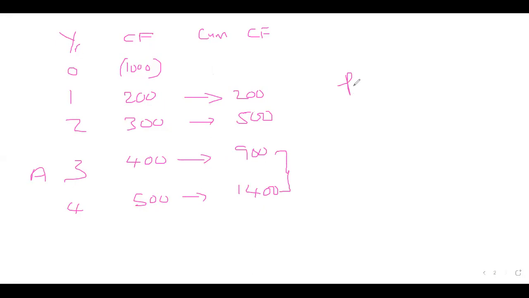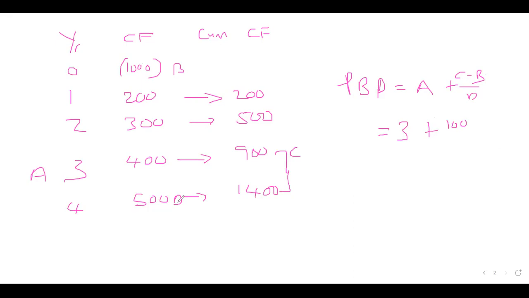So payback period will be what? A plus C minus B over D. So we can call this our A, we can call this our B, then we have C and D. So our A is 3 years, then the difference 900 minus 1000 is 100.